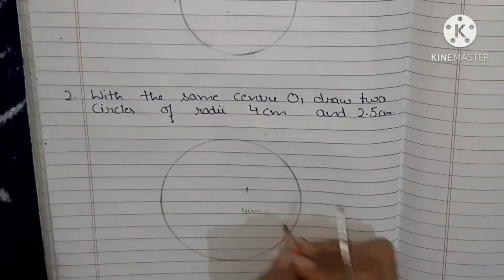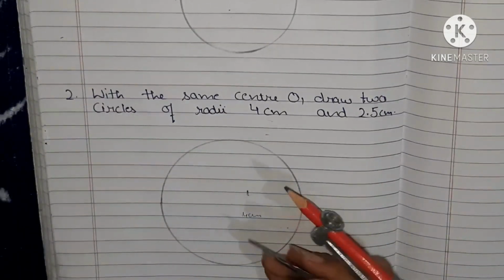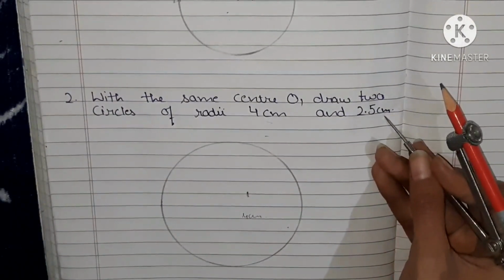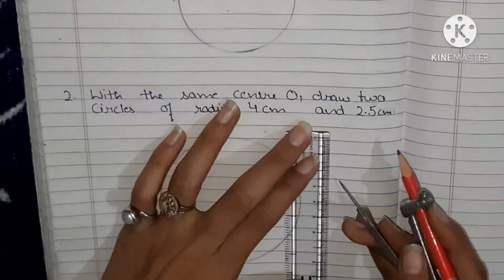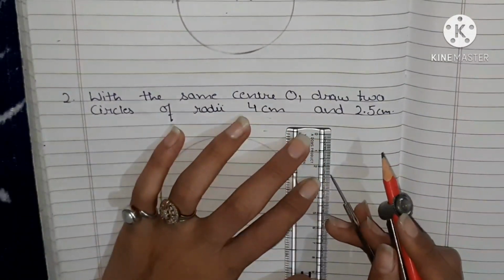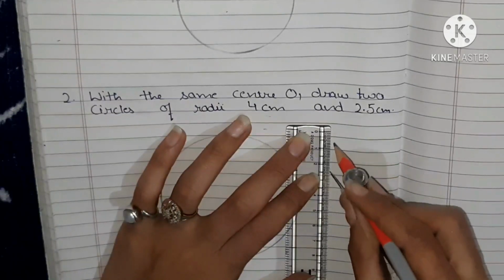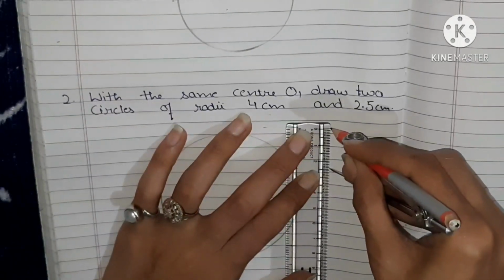After that, we have to take the same center, but the radius will be 2.5 centimeter. So we will keep the needle arm on 2.5 and then stretch it till 0.